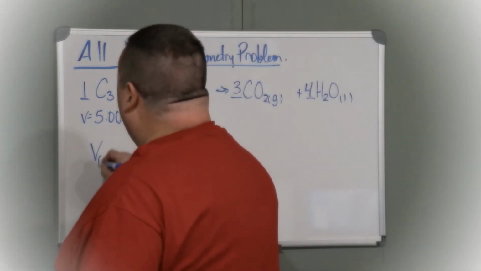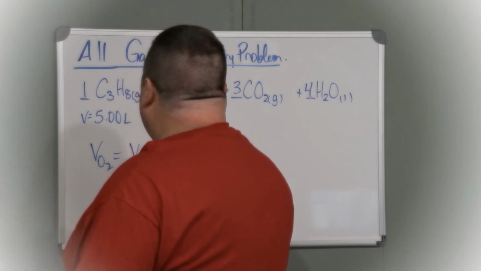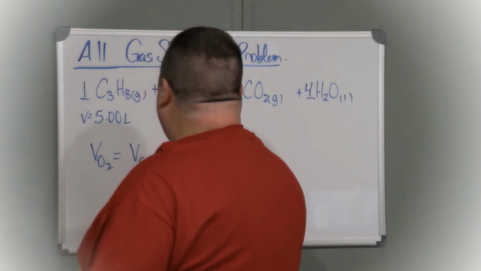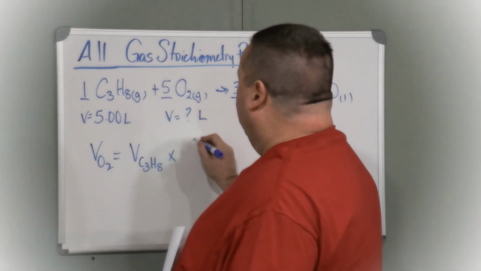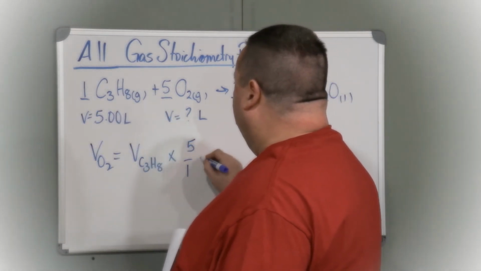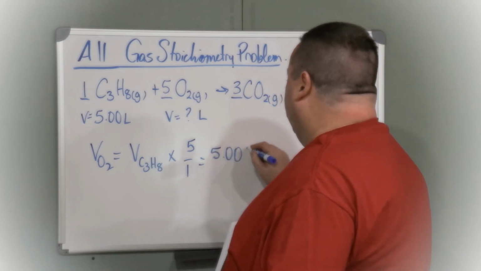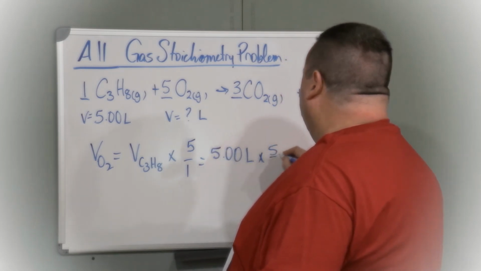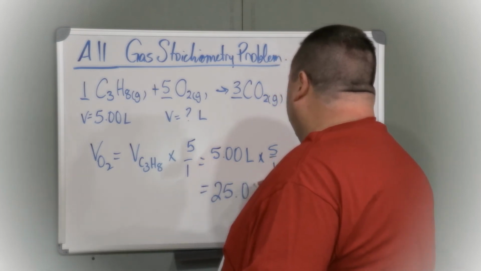So volume of O2 is the volume of C3H8 times the mole ratio required over given, so 5 over 1 in this case. So 5.00 liters times 5 over 1 is 25.0 liters.